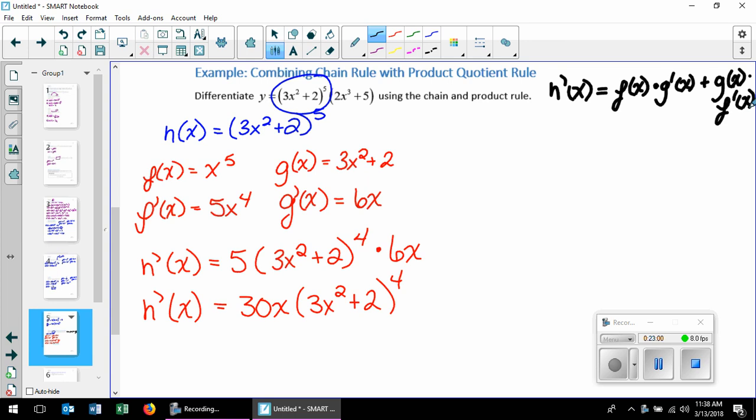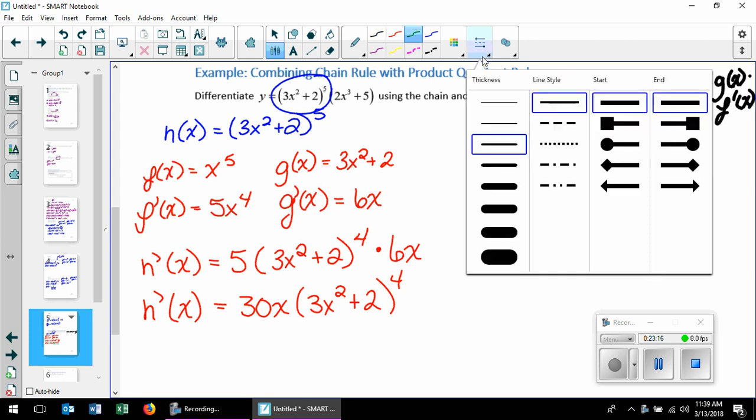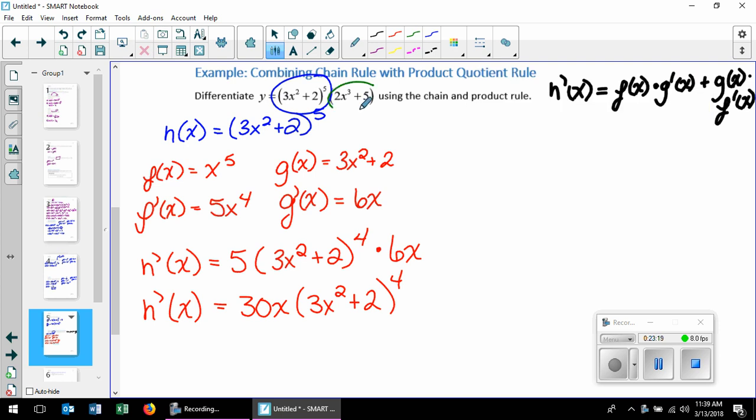All right. So we have the original h of x. We now have the derivative of h of x. We had to use the chain rule to find it, but we have both of those. So now we are going to look at our second one. This one here, we're going to call, I don't know, what do you want to call it?